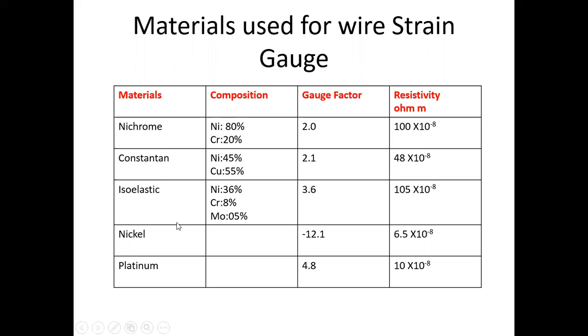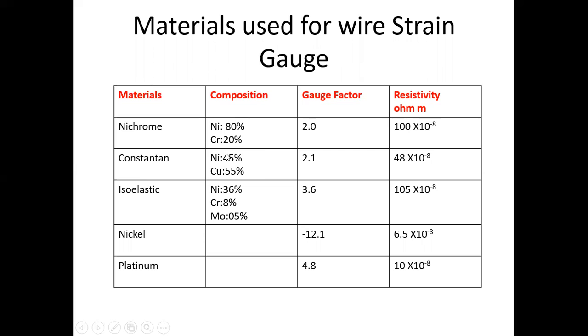The composition of that is nickel and chromium. That is your nichrome. The gauge factor is 2 and the resistivity of nichrome material is 100 into 10 raised to minus 8. Second one is constantan, that is the combination of nickel and copper.